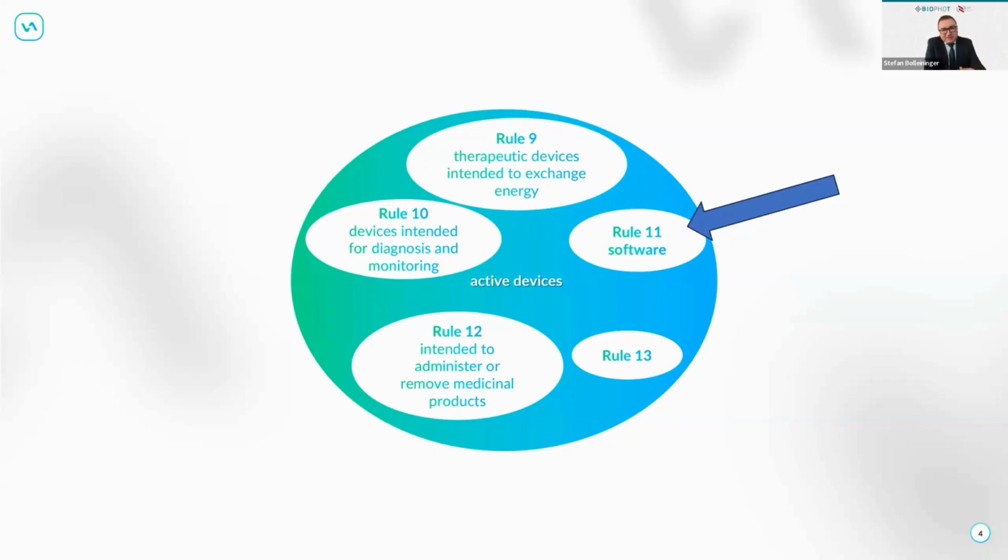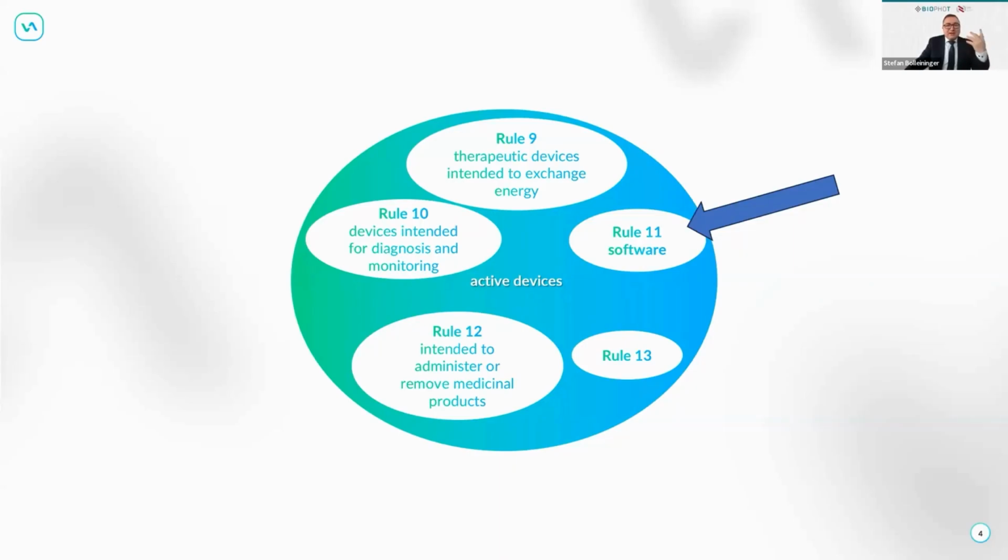All that is possible. But then you still need to decide: are you a software which extends the product, then Rule 11, or are you, in the former case, just a patient monitor which is used for diagnosis and monitoring of patients, as it should be, then Rule 10 is the applicable one for you. So that is the discussion and the definition you need to do, and see what kind of range is relevant for you, what kind of data you need to look for in the extent of your product.